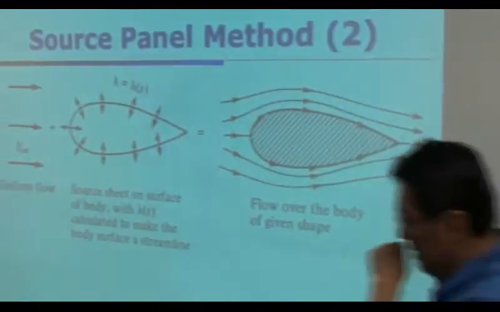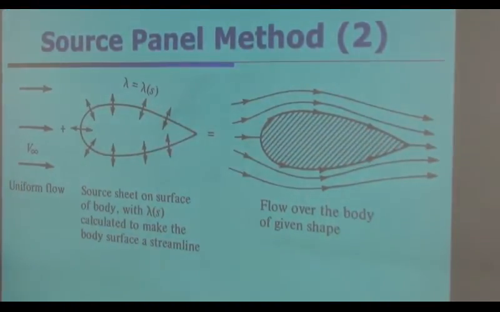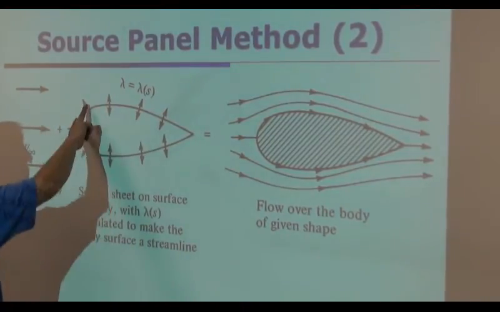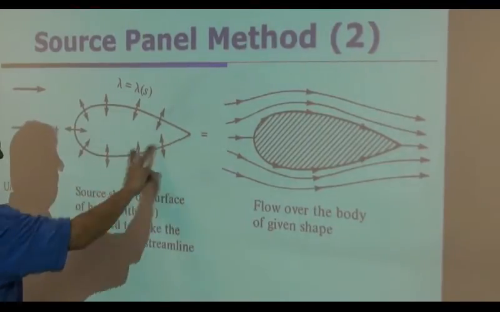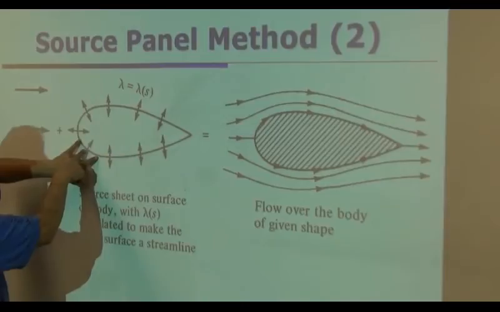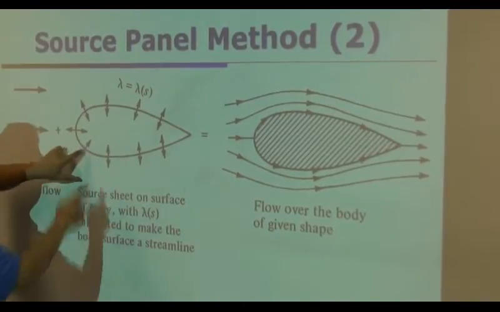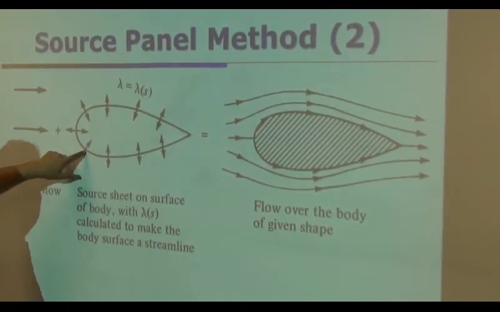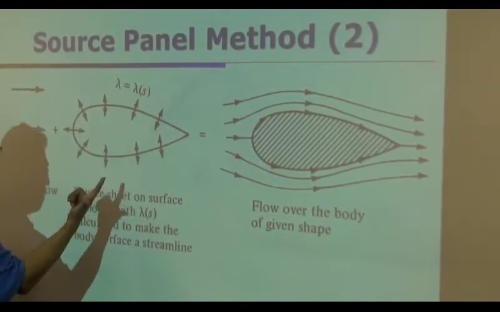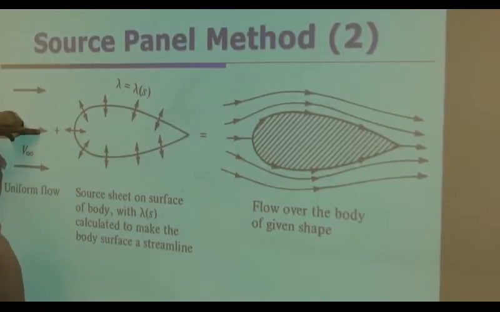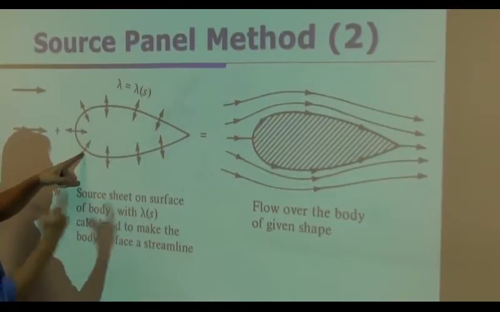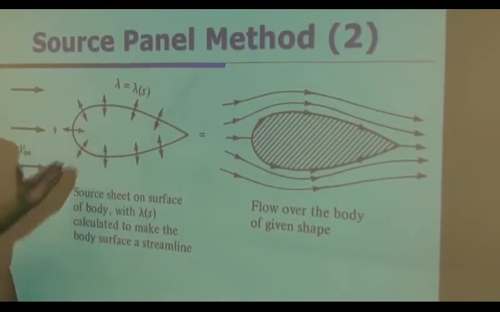Okay. So as you can see, mathematically you can represent the two-dimensional body by using a series of panels. Now, this is the centroid of each straight panel, called the control point. At this control point, you are going to cancel out the incoming velocity's perpendicular component using each panel's induced velocity.